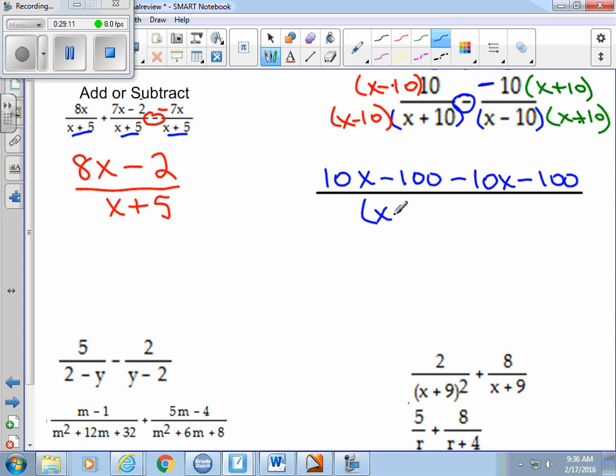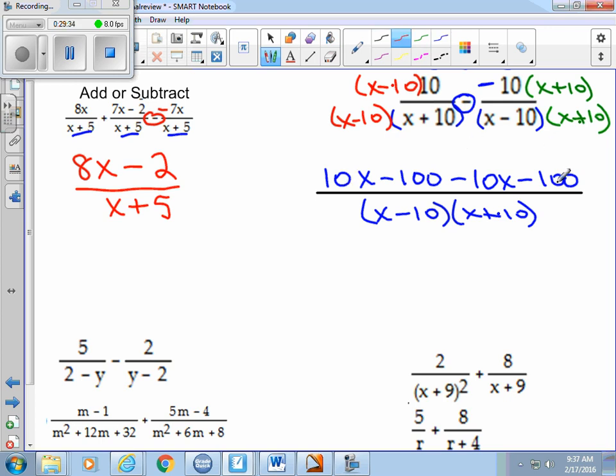the bottom, and I'm going to leave that in factored form just because I'm lazy and there's no reason not to. You could FOIL it, it would be correct, but it would be unnecessary. So just leave it in factored form. On the top, can I combine some things? What can be combined together?